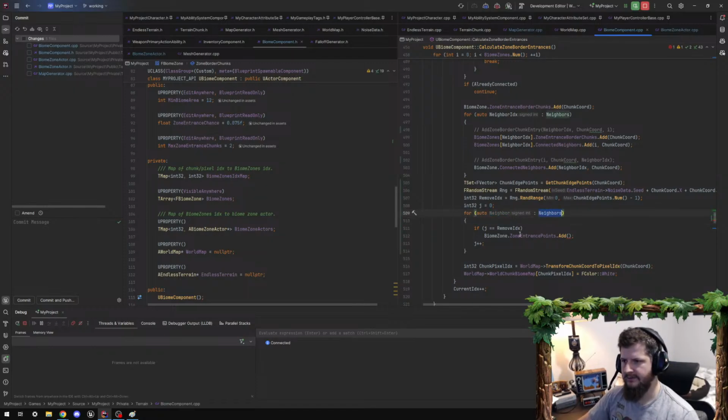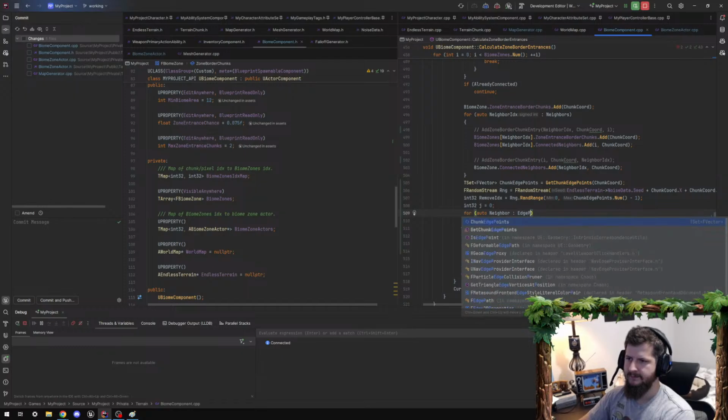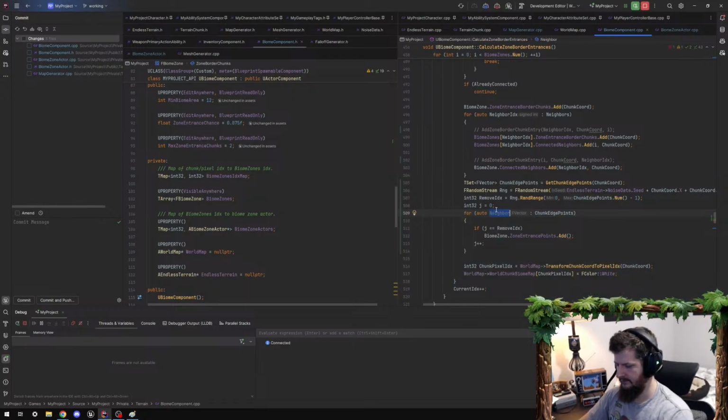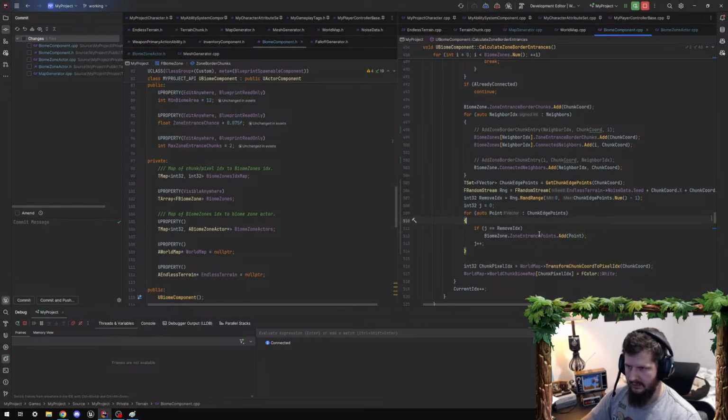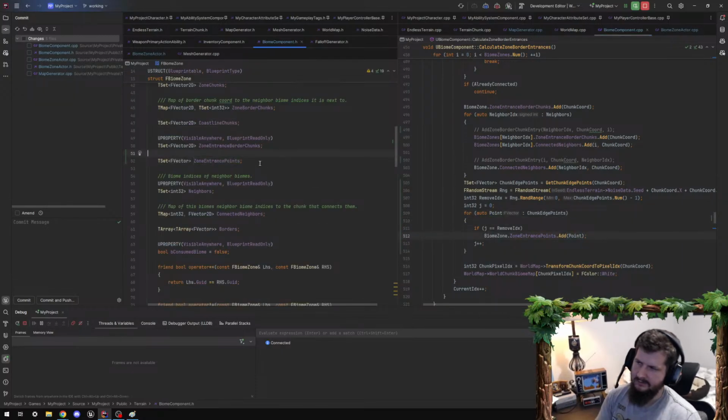Not in neighbors. This is going to be in biome zone, or in edge points. Chunk edge points for points. Okay, add the point in the zone entrance points. So now I have the points that I'll want to ignore.